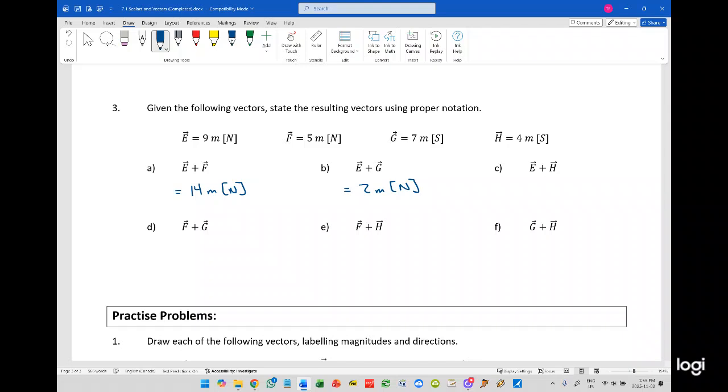So it's really 9 minus 7. We're treating 7 meters south as the same thing as minus 7 meters north. So 9 meters north plus minus 7 meters north would be 2 meters north. E plus H, 9 north plus 4 south is 5 north.